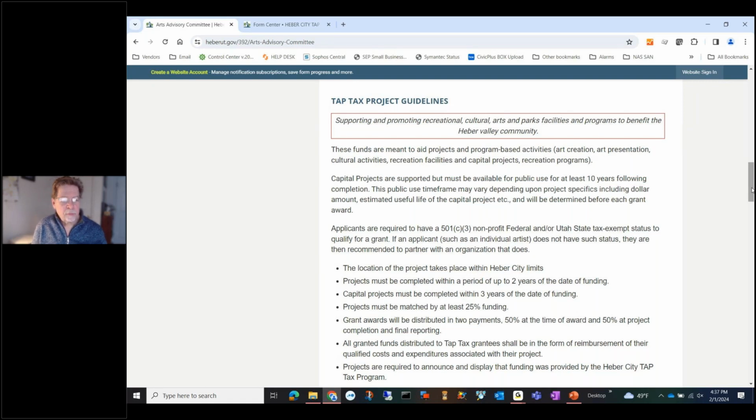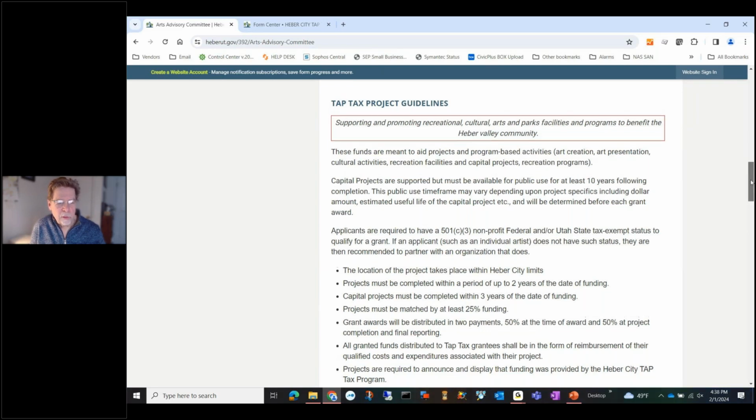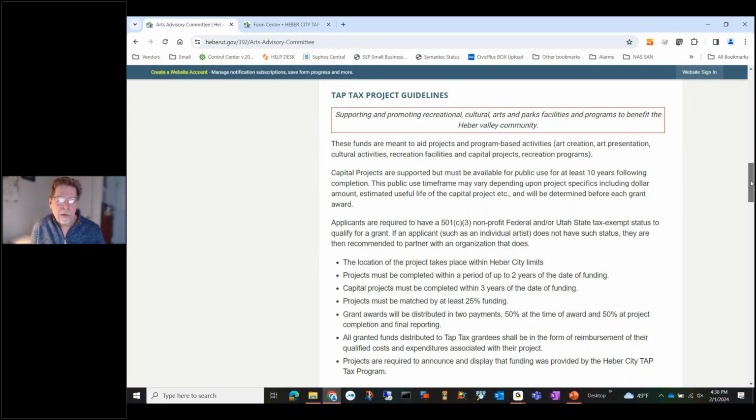So, supporting and promoting recreation, cultural, arts, and parks facilities and programs to benefit the Heber Valley community. That is a driving mission statement to this process. It is a grant process that has an open and a closed period, which we'll look at in a minute with our timeline. But we wanted to start off by explaining that there are two distinct types of projects.